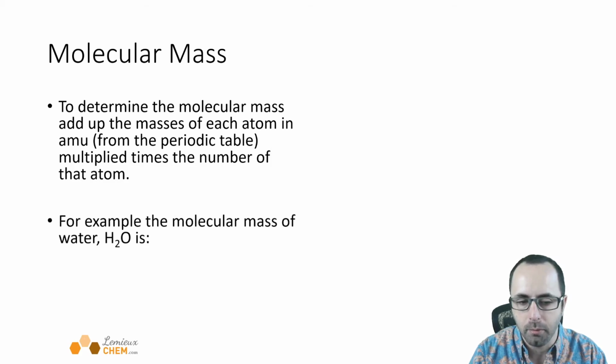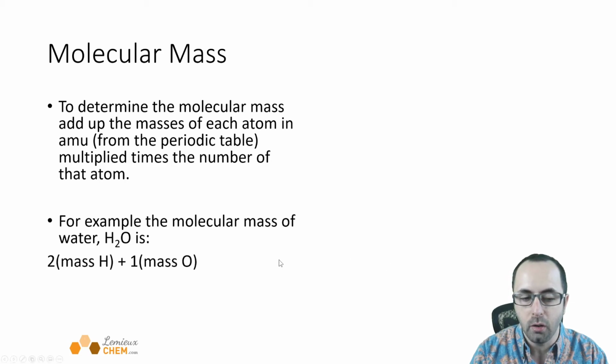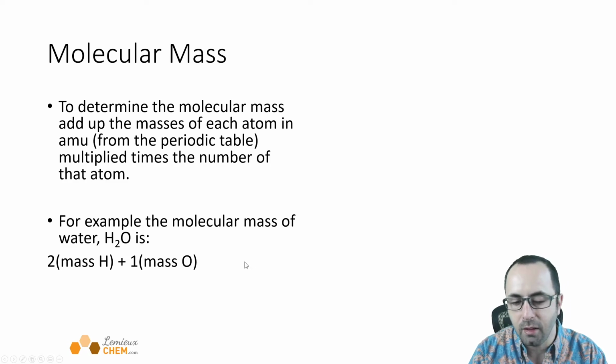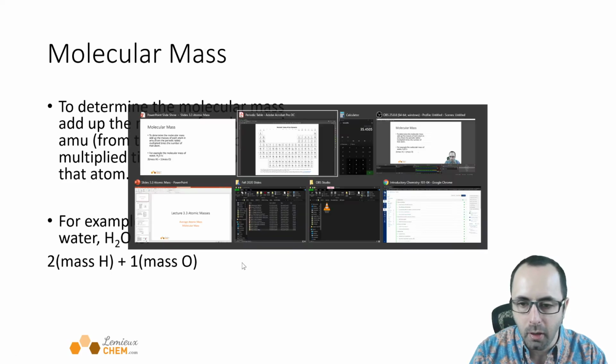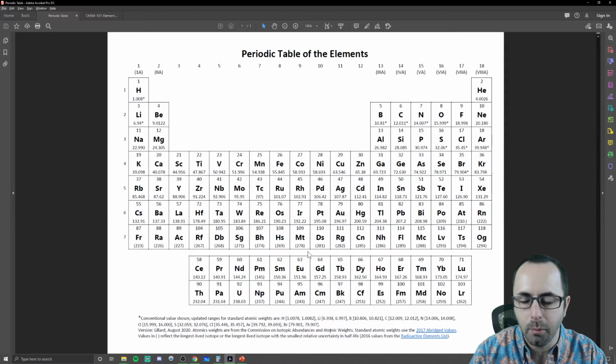So for example, if we want to get the molecular mass of water, H2O, well, we're going to do 2 times the mass of the hydrogen atom and add that to 1 times the average atomic mass of the oxygen atom. And so we go to the periodic table, and this is what we're going to be using the periodic table for.